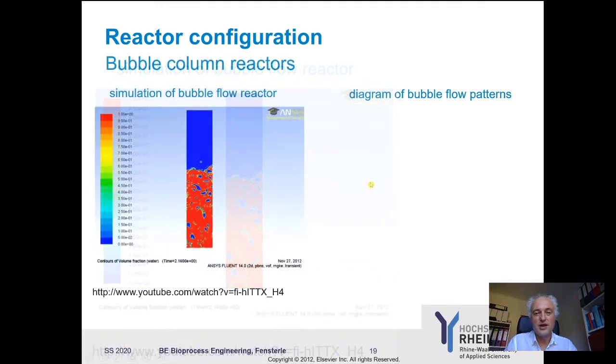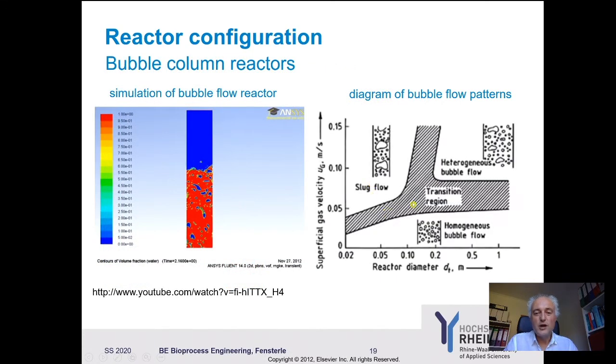That looks chaotic, but you want this heterogeneous bubble flow pattern. You have seen that some of them are rising, some are going down, and this is very heterogeneous. And this provides the best mixing, because you have an upflow and a downflow fraction.